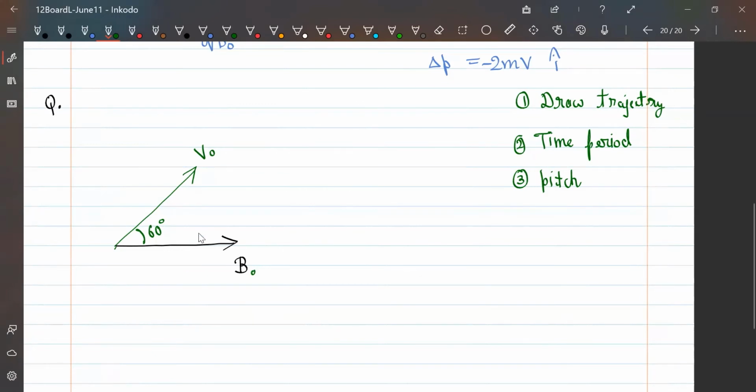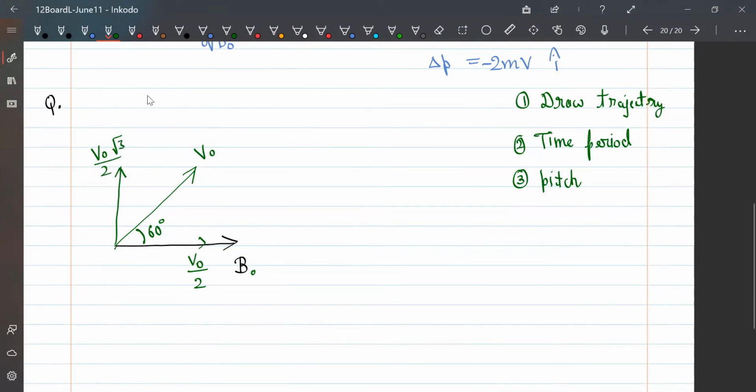In this case, first we take the component of velocity along the magnetic field. This will give me V naught cos 60, so V naught by 2. And another component that will be perpendicular to the magnetic field. So that will be V naught sin 60, that will be V naught root 3 by 2.